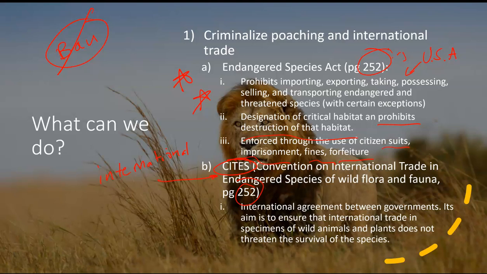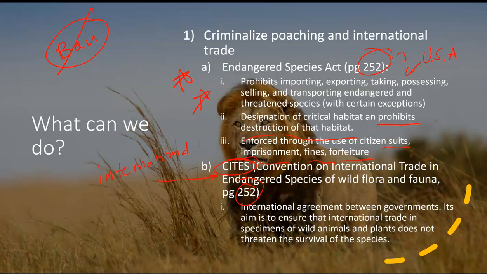But you and I can't necessarily just buy a tiger that's endangered and have it brought to Walla Walla, for example. There's all kinds of laws in and around that. It also helps to prevent the movement of things like ivory or the parts of animals that are super valuable that have been illegally poached.